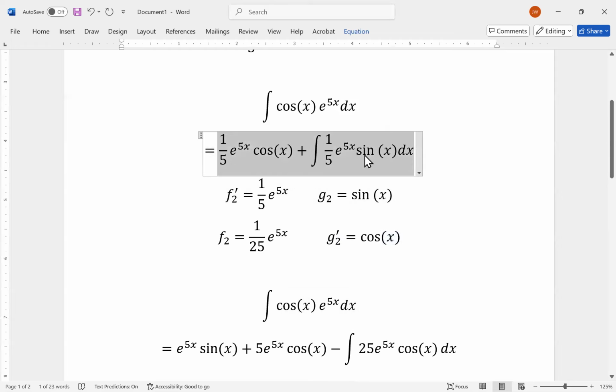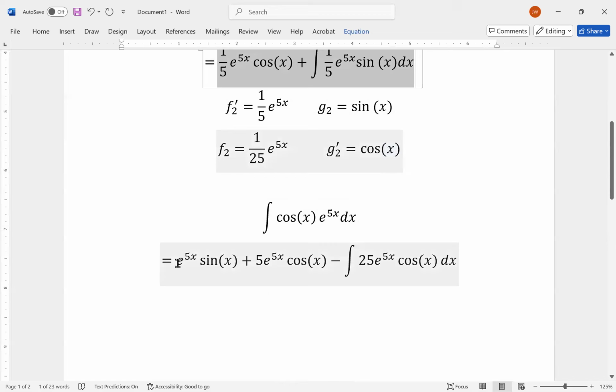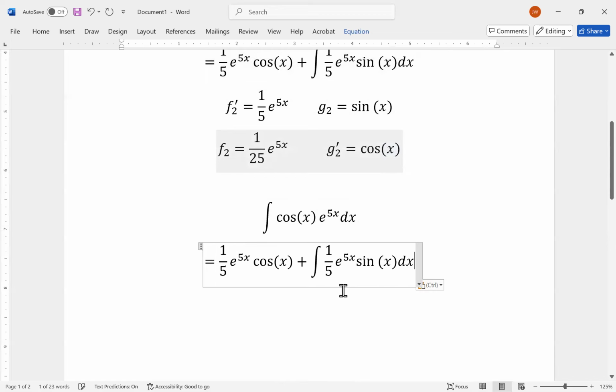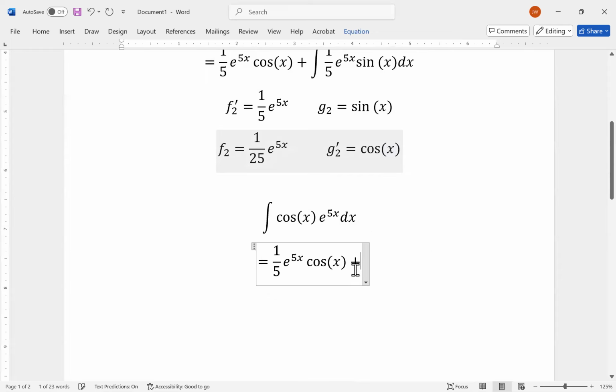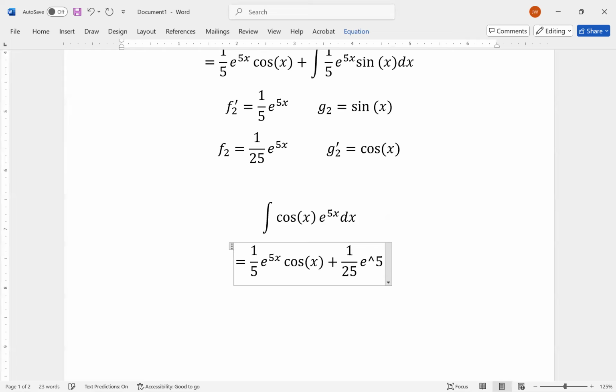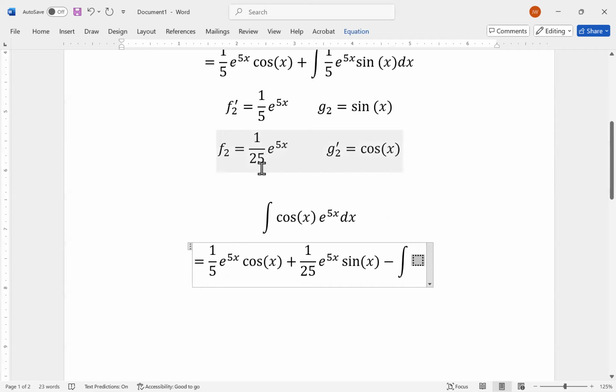So we're going to take this thing and replace this integration with f times g, minus the integration of f times g prime.